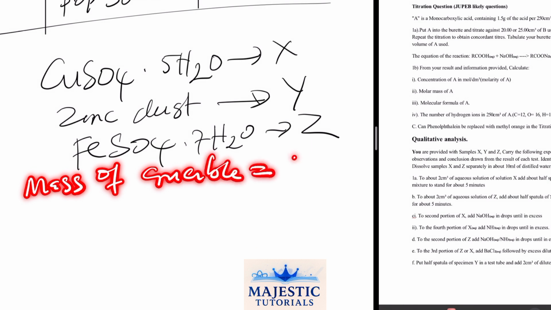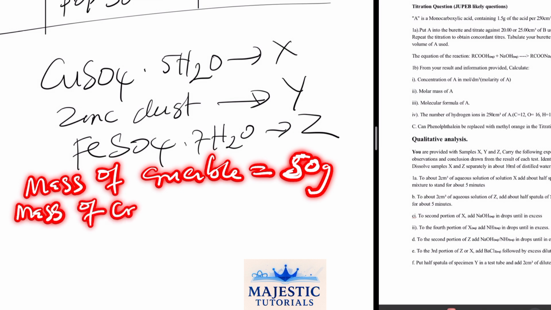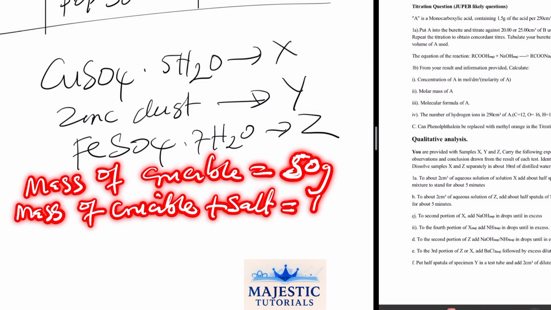Maybe the mass of crucible alone is, let's say, 50 grams. Then you have to find out mass of crucible plus salt, that's the sulfate itself. Maybe they collectively now weighed 65 grams. This is hydrated, please.